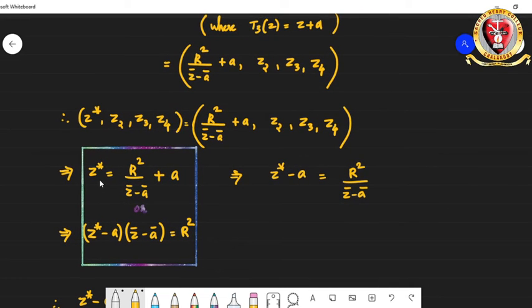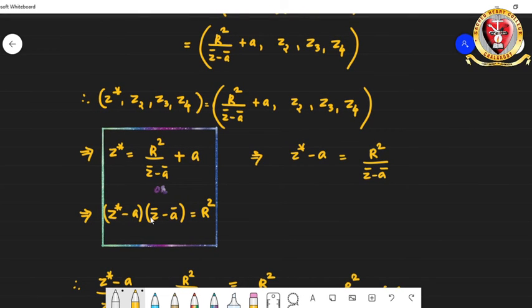So from that you can rearrange to get z star minus a is equal to r square divided by z bar minus a bar, and cross multiply to get z star minus a into z bar minus a bar is equal to r square. And these two equations sitting here are a decent observation we get about symmetric points. That means if z and z star are symmetric points, they satisfy the equations sitting here and here.